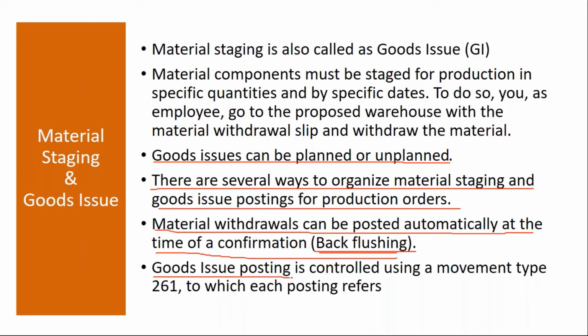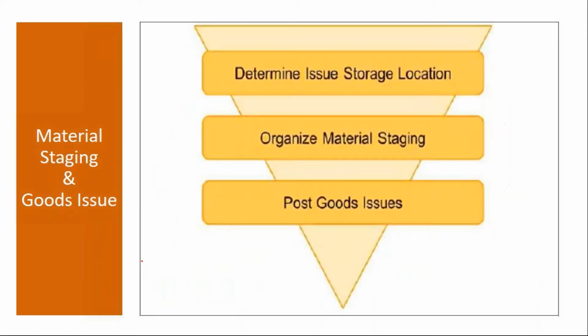Goods issue posting is controlled using movement type 261, to which each posting refers. Whatever goods movement you do will be done with an inventory management movement type, here called 261. In the material staging, there will be three steps. First is determining the issue storage location in the production order. Then they will organize the material staging.